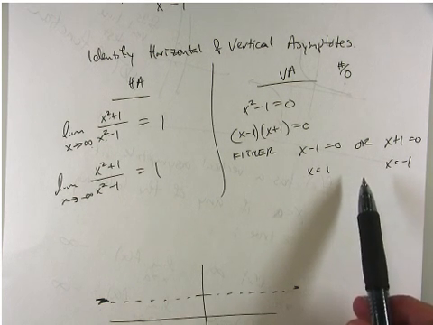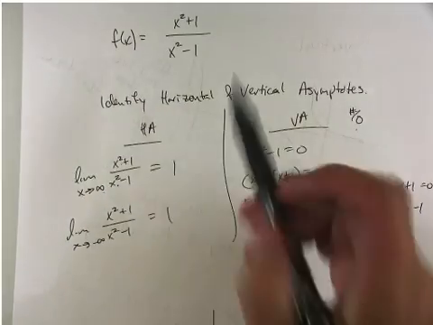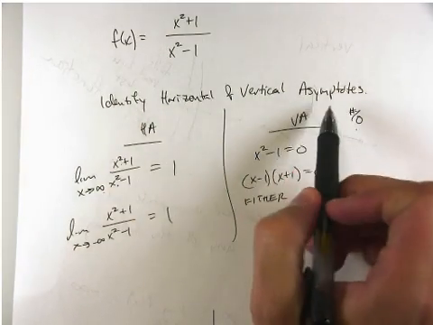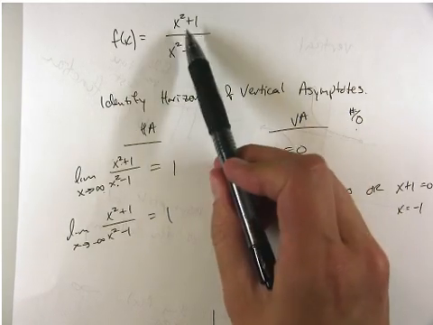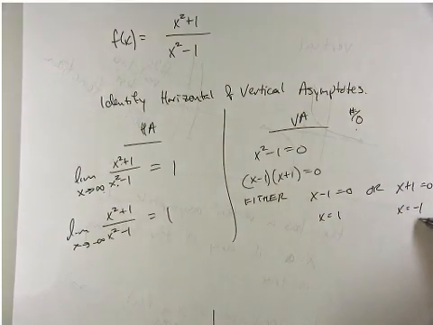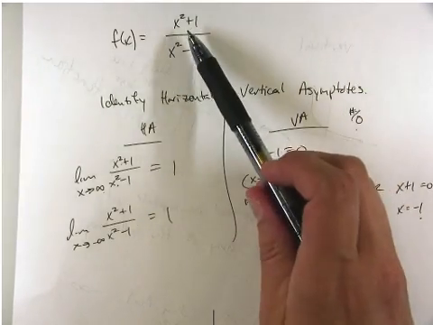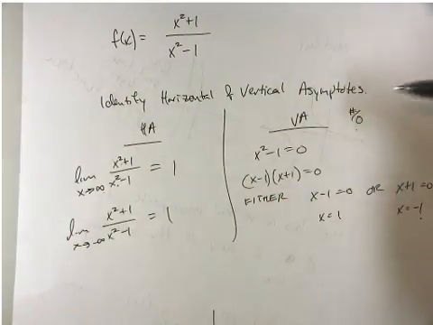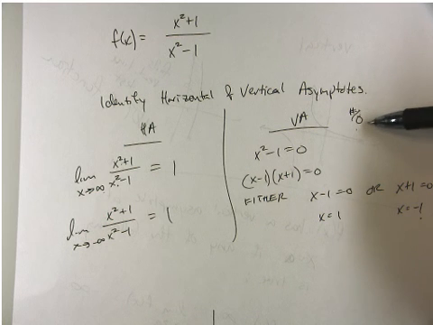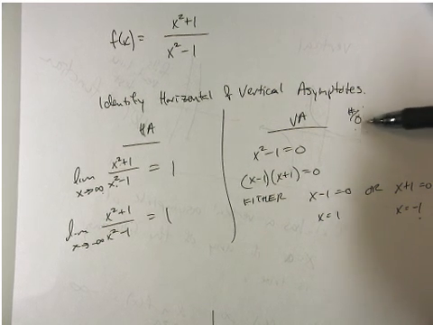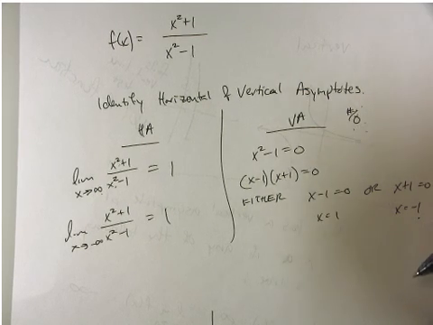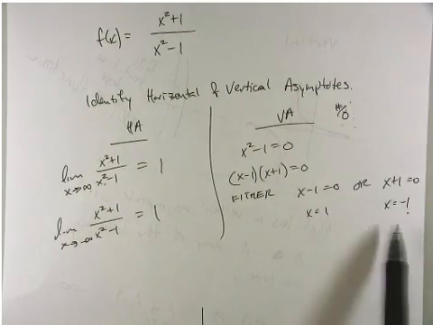The last thing that I would want to do is plug them into the numerator to make sure that I got a real number that was non-zero. If I plug 1 in, I get 2. If I plug negative 1 in, I also get 2. So that's enough assurance to me that I'm not getting 0 over 0, but that I instead have a non-zero number divided by 0. So 1 and negative 1.